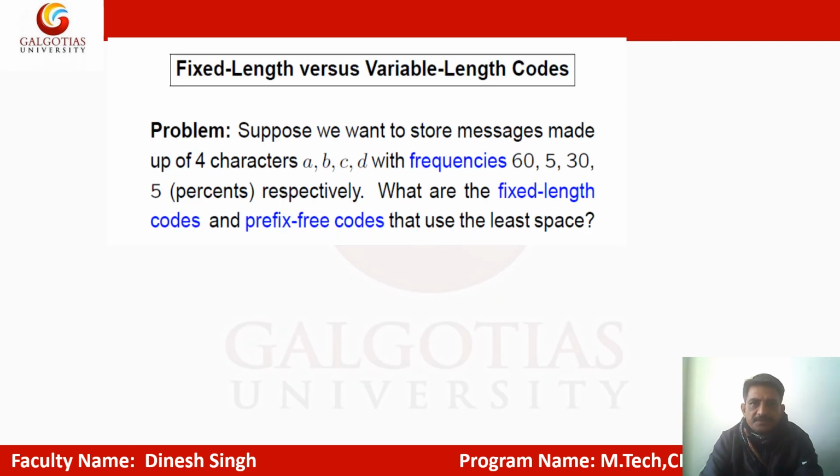So, the difference between fixed length versus variable length codes. Suppose we want to store messages made up of 4 characters A, B, C, D with frequency 60, 5, 30 and 5% respectively. What are the fixed length codes and prefix free codes that use the least space?